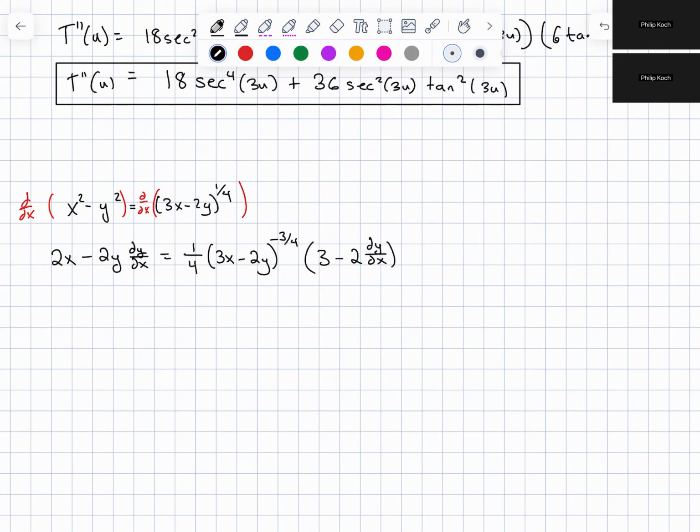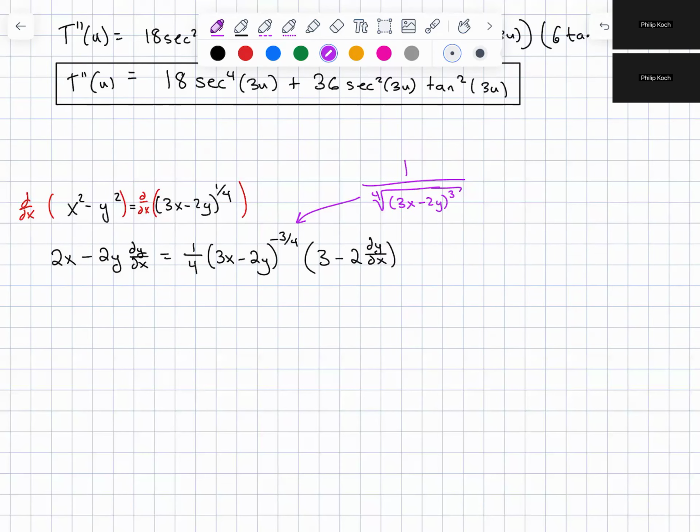Now, there are many ways, once again, that we can solve this. We can solve for dy dx. As a note, you could rewrite this as 1 over the 4th root of 3x minus 2y to the 3rd power, which is probably what I'm going to do. But you could probably leave it as is as well. There's nothing wrong with that.